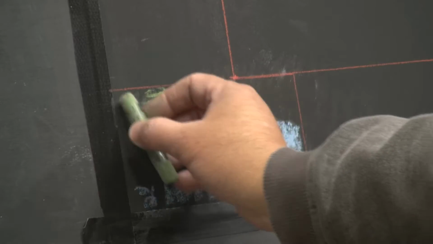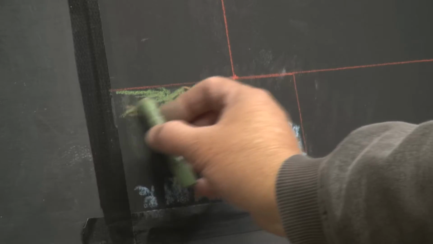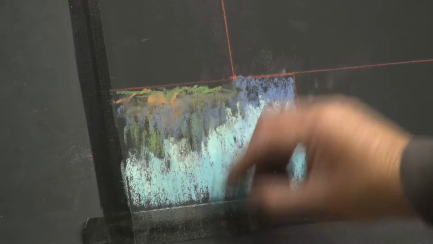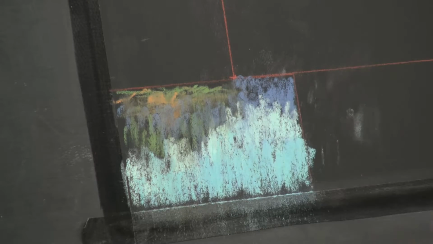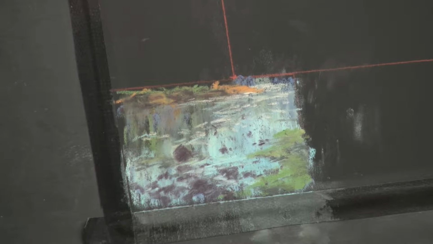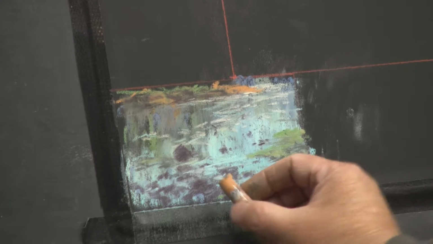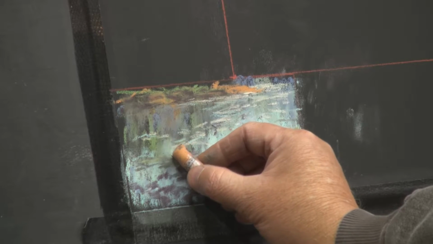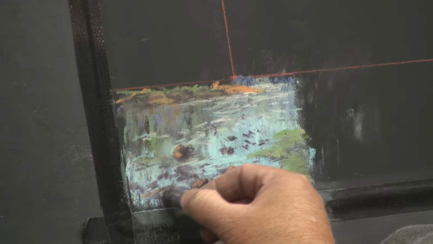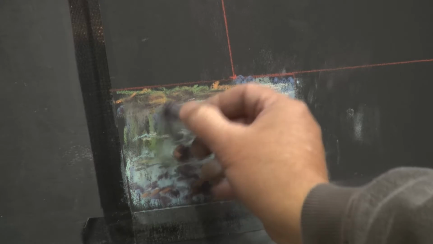Just putting some sort of an embankment. And around the rocks, always put a little bit of a highlight on rocks, so in this situation here we might just put a bit of colour there, so that you have a contrast into your water.